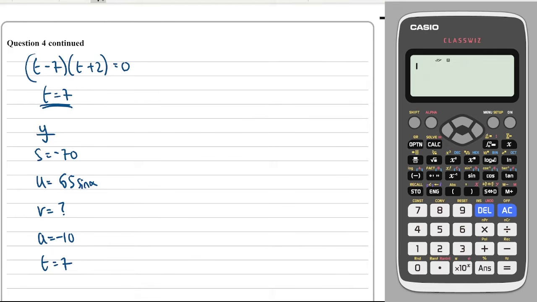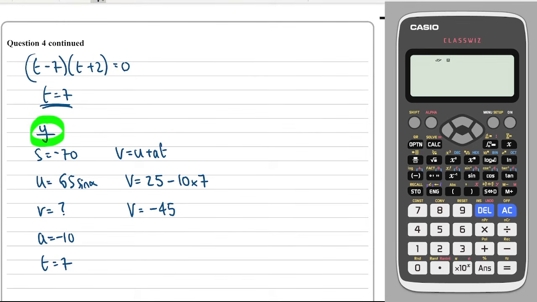So I can use any one actually, and I'll use the most straightforward one, which is v equals u plus at. So the velocity is equal to 65 sine, which we said before was 65 times 5 over 13, which was 25. A was minus 10, and times that by t, which is 7. So the velocity here will give you minus 45. So that's the velocity in the y direction.